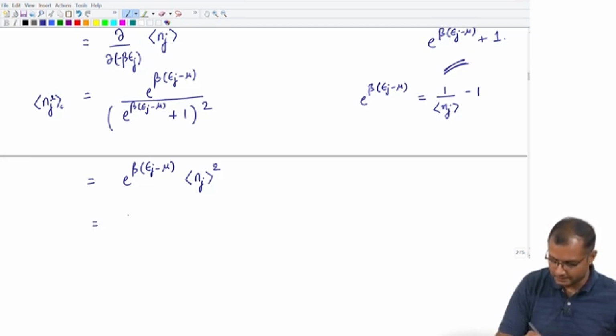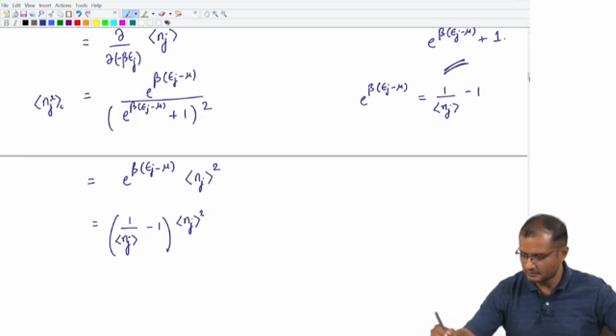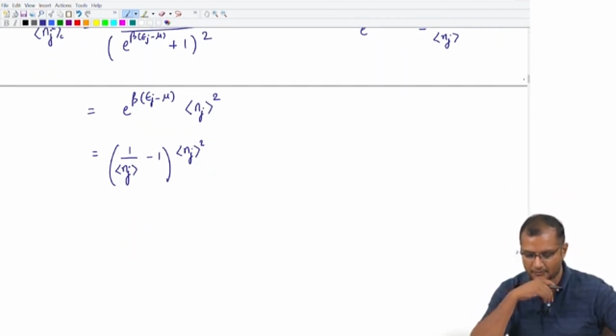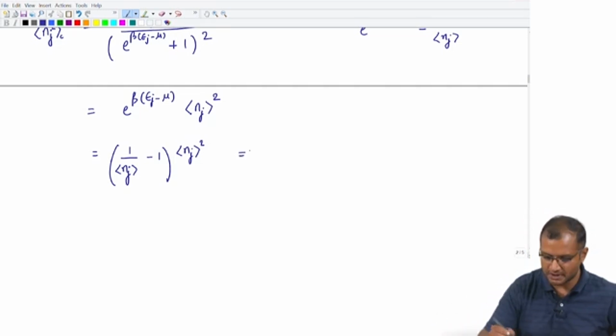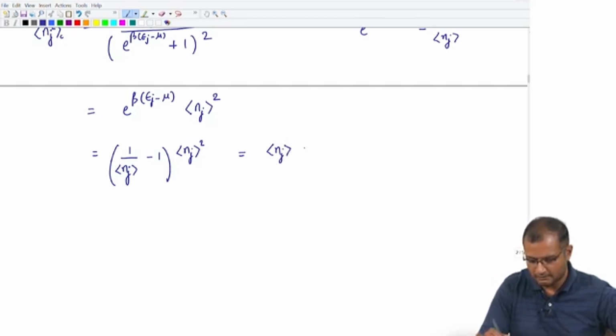This becomes, in terms of the occupation numbers, a neat closed expression which is N j minus N j the square.